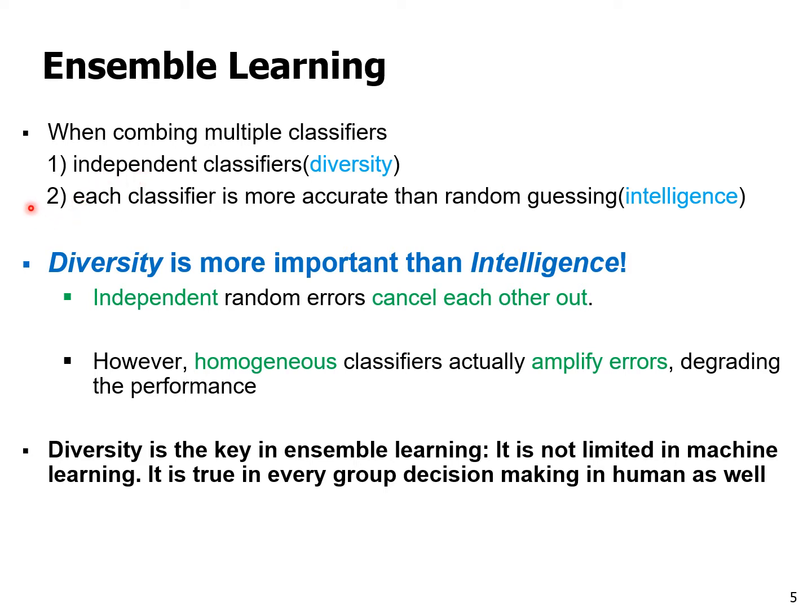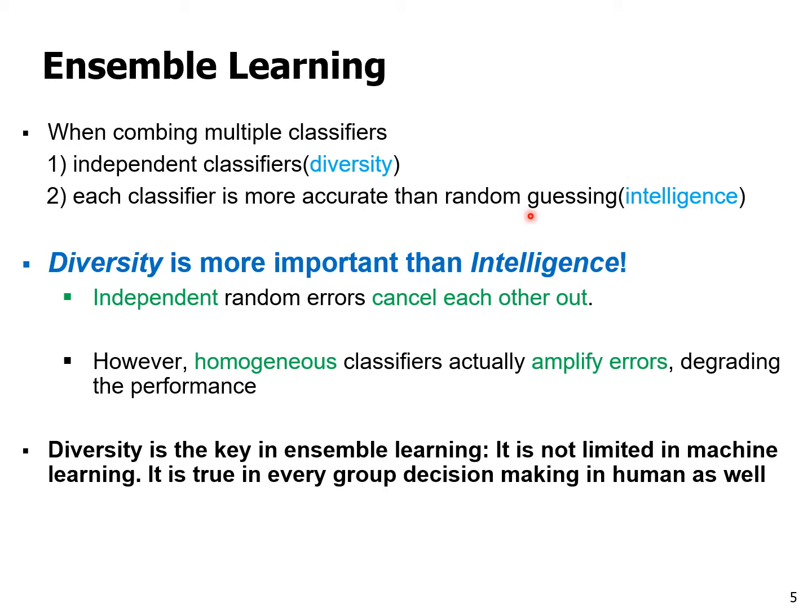The second condition says each classifier should be more accurate than random guessing. The first condition is about the diversity of classifiers, and the second condition is about the intelligence of the classifiers. And this second condition is pretty easy to implement.